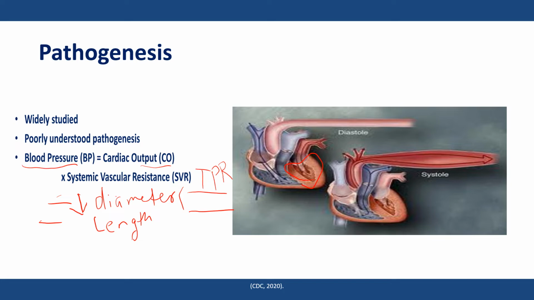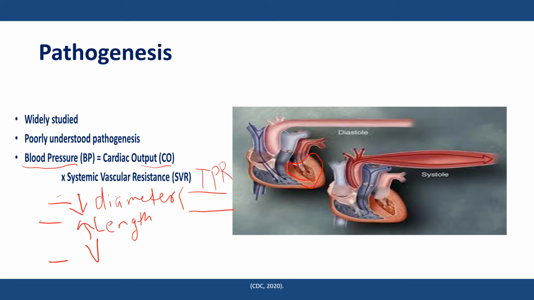So you need more blood. In other words, when you increase the length, it increases SVR, so the blood pressure increases. So again, think of an obese patient, blood pressure is higher than someone who loses weight.